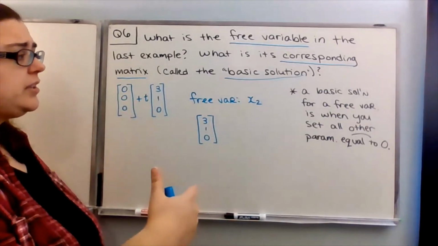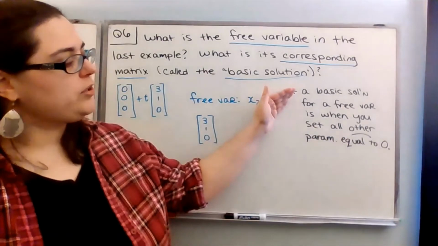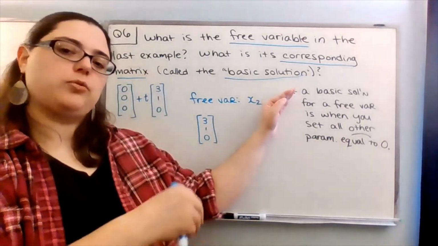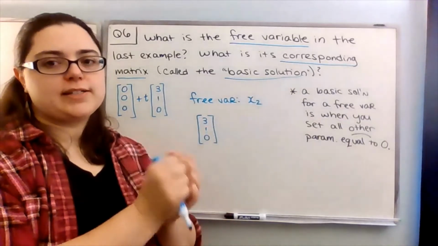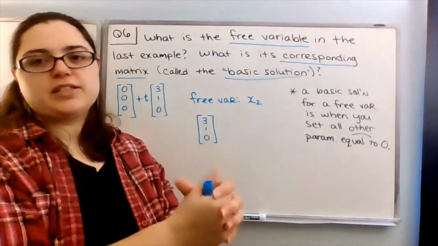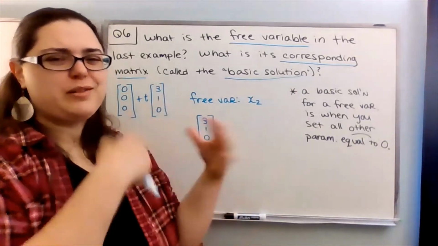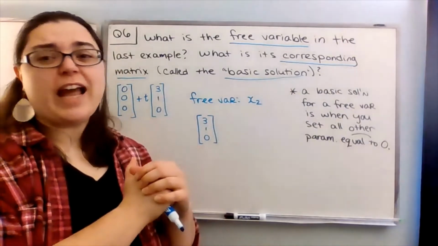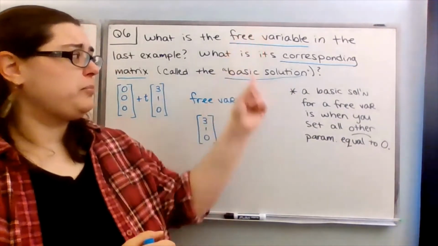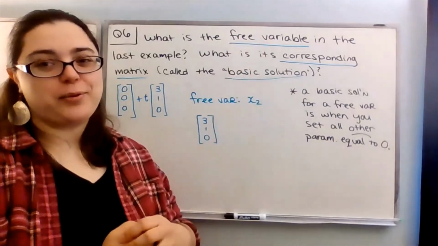The free variable is going to have a basic solution when you set all of the other parameters equal to 0. So basically, if that was the only parameter in existence, what would be its matrix? So that's kind of what's going on in the background there. If it helps you to remember free variable, basic solution, not basic, then that's going to be how we remember it.